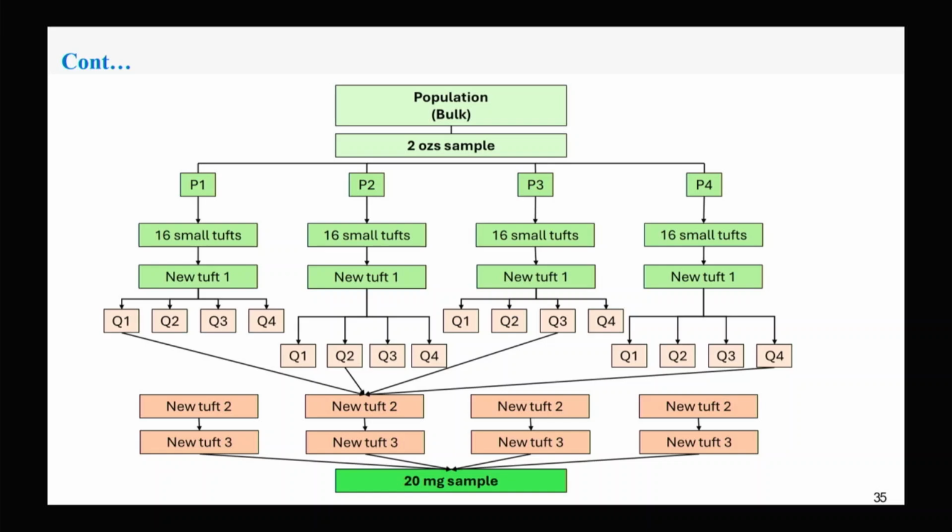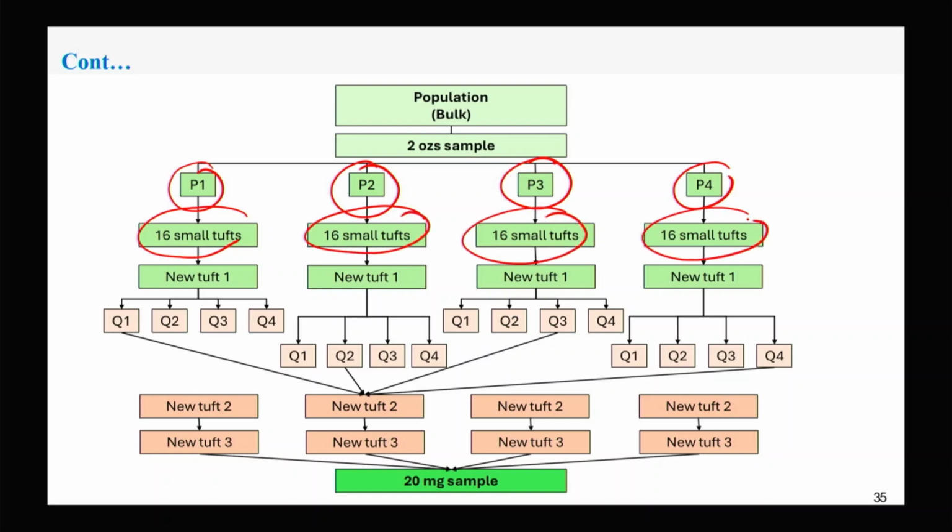Here you can see 4 zones you are taking, and from here you create 16 small tubs. Then you take 1 tuft here and again divide it into 4 subgroups, some small tubs.